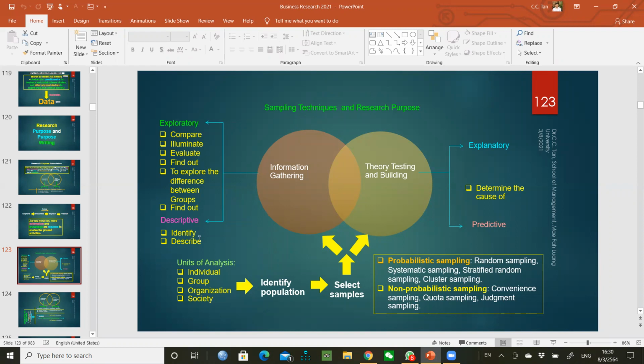You can use different words, right? Such as, I want to understand. Exploratory doesn't mean that you are not able to explain what's happening. You want to explore why, is there any difference between genders? So you can compare the gender differences, right?